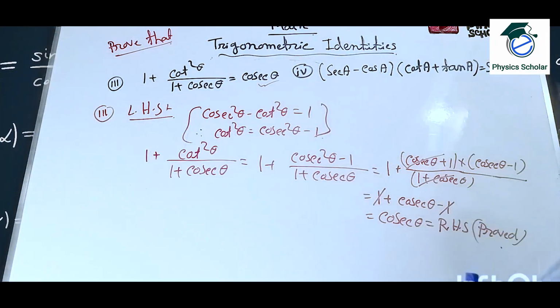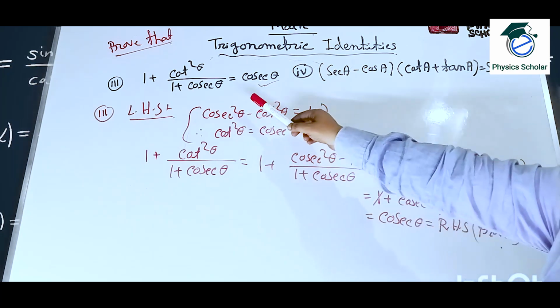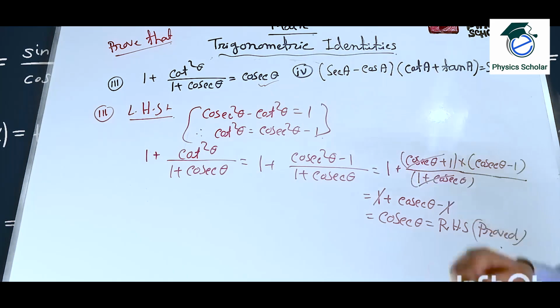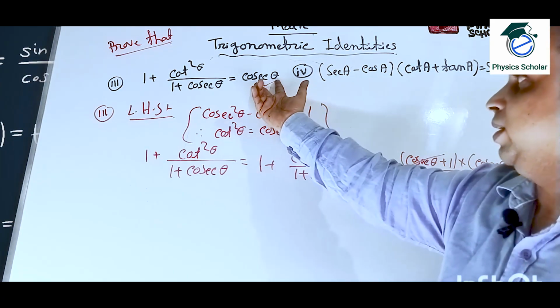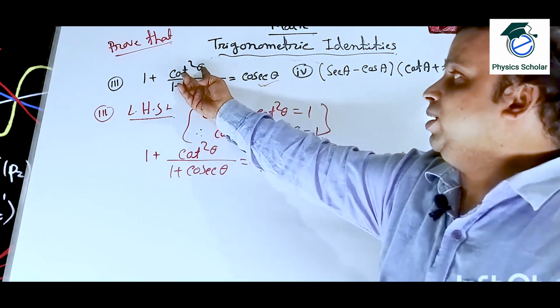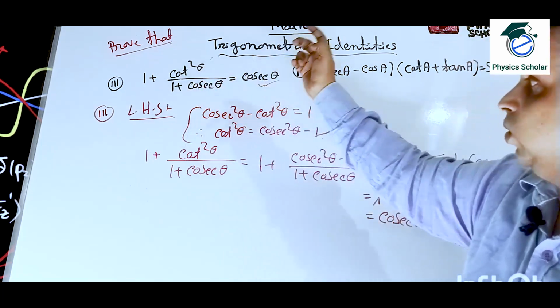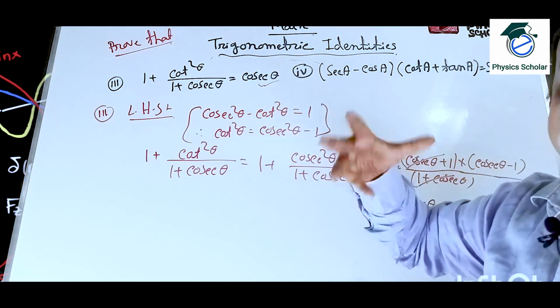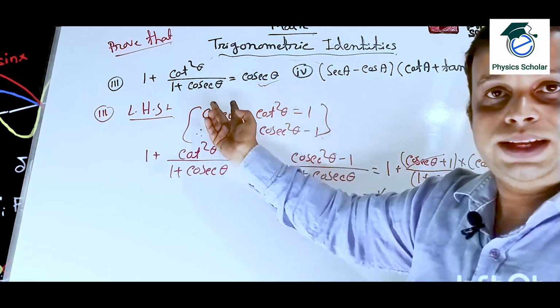Clear? So now I am again explaining. So hope you have understood this. What? (1 plus cot square theta) divided by (1 plus cosec theta) is equal to cosec theta. So see, you have to prove cosec theta. That means cosec theta is there. So this we have to change. Clear? So cot square theta is equal to what? Cosec square theta minus 1. We have to think the relationship between the cosec and cot. There is a formula.